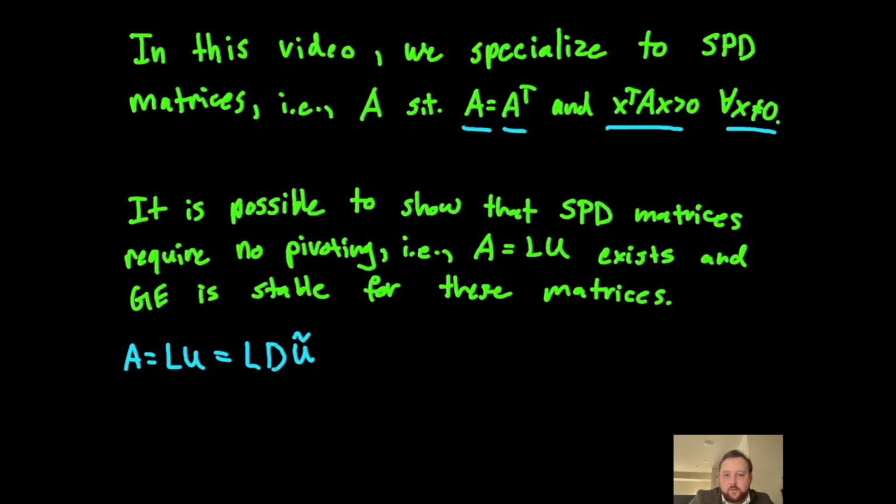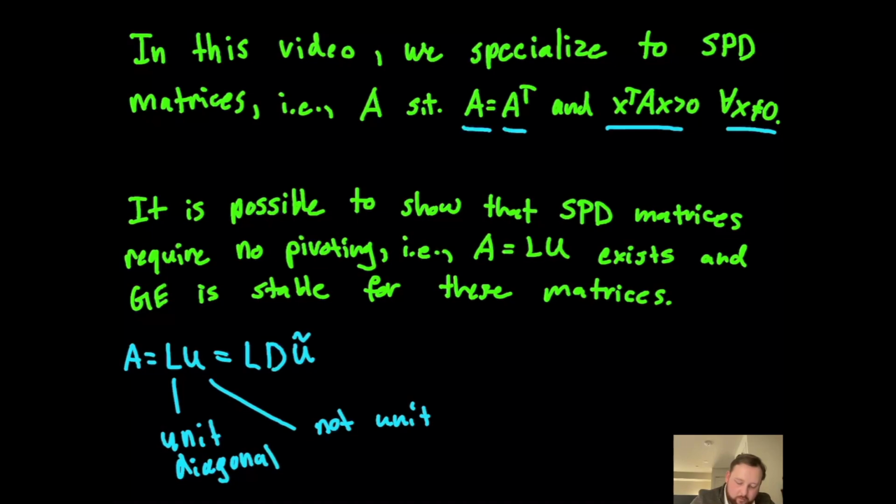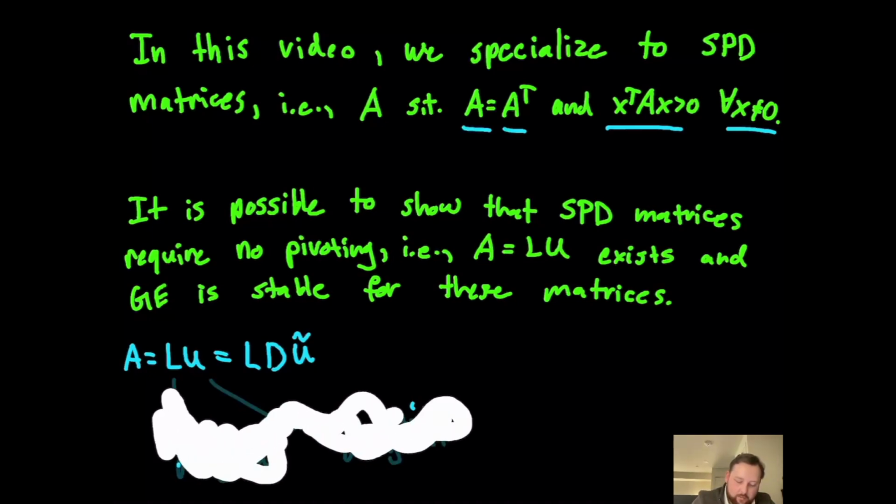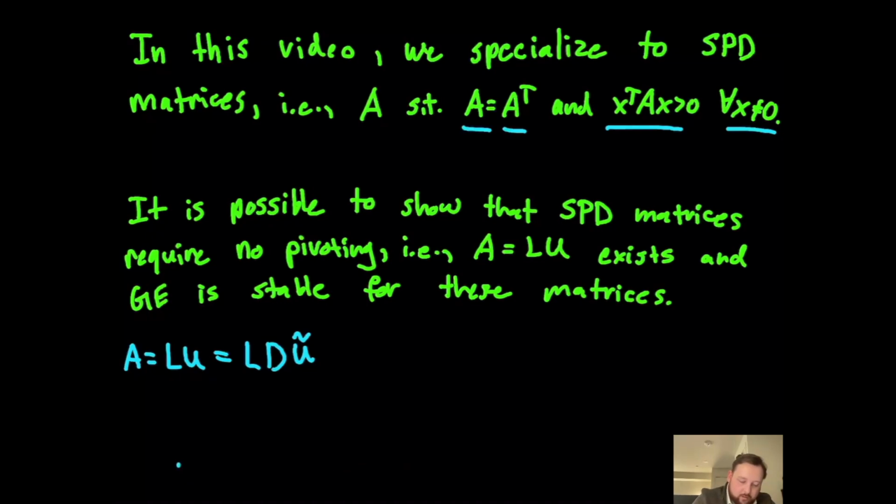One purpose of doing this is that in the LU decomposition, L has a unit diagonal, which means all of its diagonal entries are 1, but U does not. So it's not unit diagonal. One way that you can symmetrize this is to come up with this scaling matrix D, a diagonal matrix, such that I can write A as the product of a unit lower triangular matrix times a diagonal matrix, which doesn't have to have 1s on it.